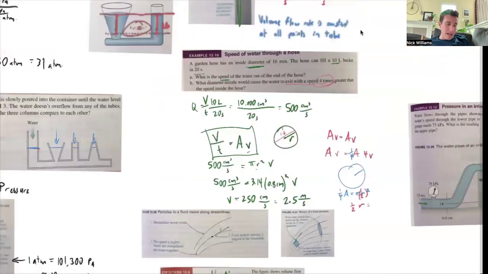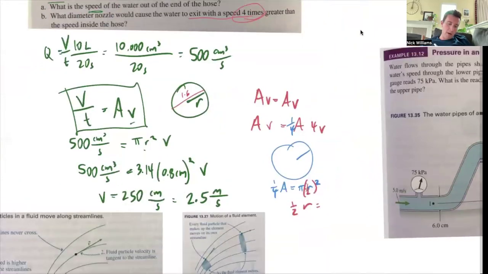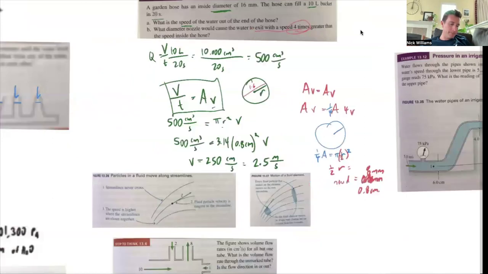My previous diameter was 16 millimeters, so my new diameter has to be 8 millimeters, 0.8 centimeters. Oh, wake up, Mr. Williams. Come on, man. Get your digits together.